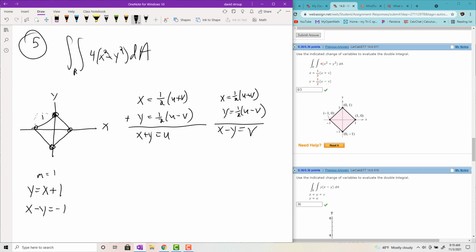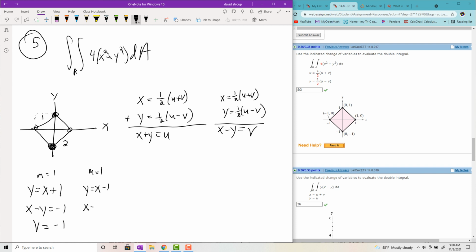Okay, so I'm going to try to put things into those terms because now I will have my limits on my integrals. So v will go from negative 1 to, so this other curve, right? So you want to pair together the parallel curves. That other curve has slope 1 as well. They both have the same slope. And then you'll have y equals x minus 1 because the y-intercept that time is negative 1.